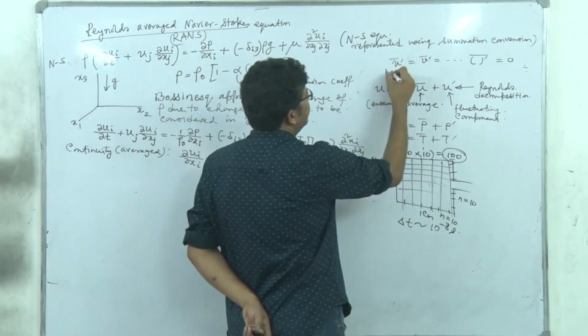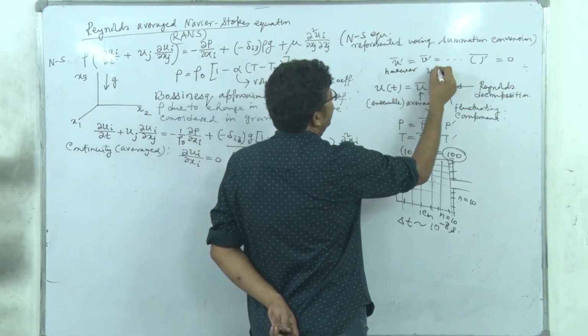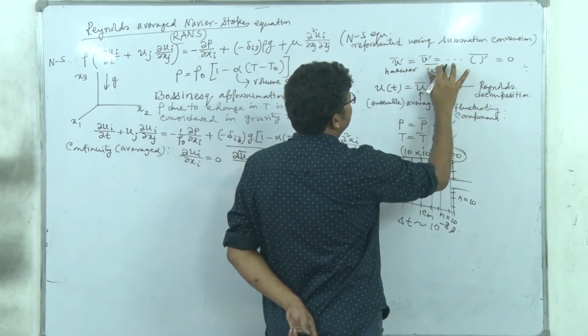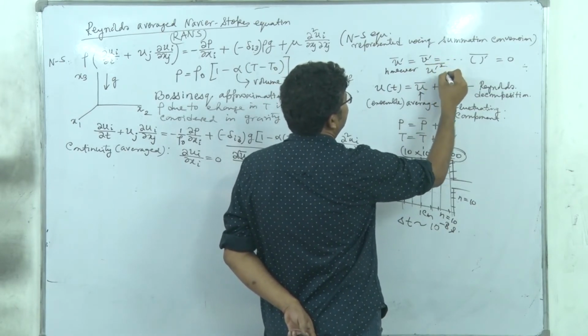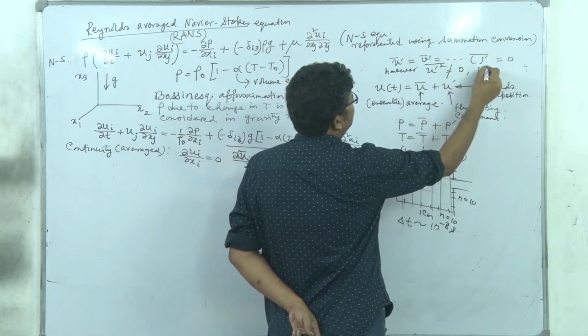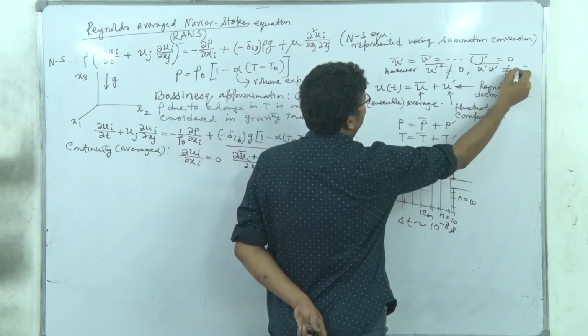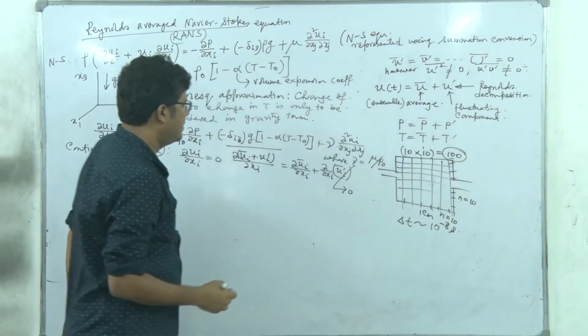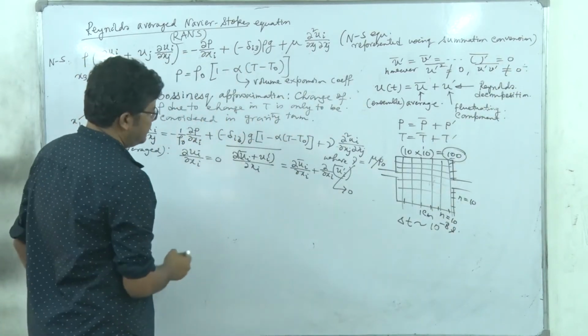However, just note that u prime square average is not equal to 0, and u prime v prime average is not equal to 0.